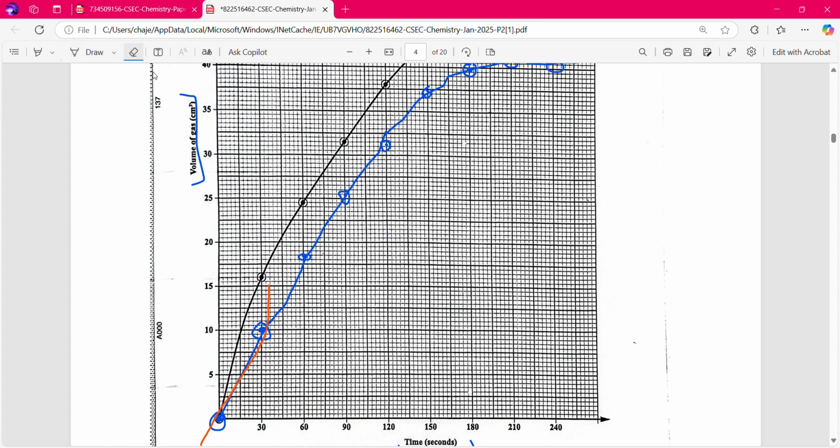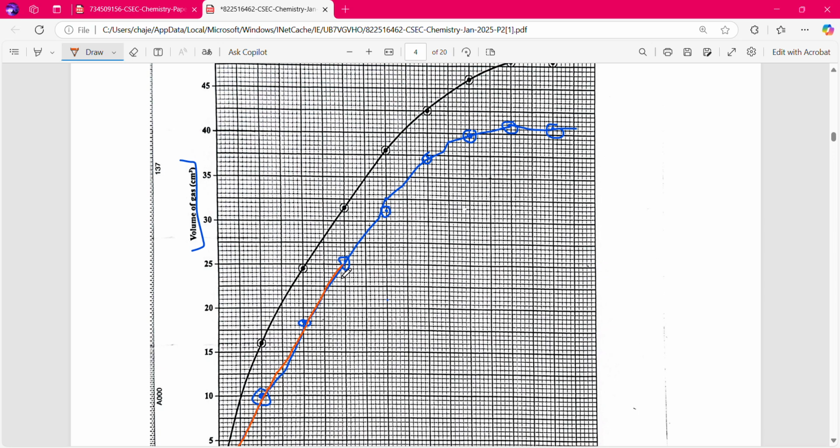Why? So right here going here. And usually you can use a ruler and draw a line through it. Notice that this gives me a constant straight line. So all of this is a fast rate. But once it reaches somewhere about here, it starts to deviate from my straight line.